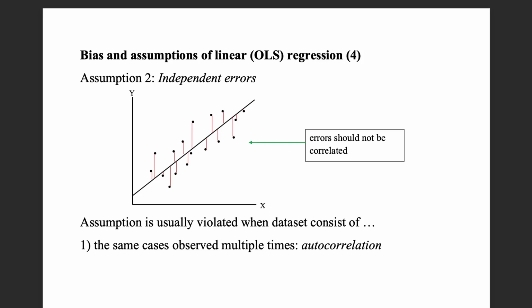That is often going to imply that whatever you find on your dependent variable in each specific time period is going to be somewhat related to previous time periods. Going back to the example of democracy in the Netherlands, probably the level of democracy in 1947 is going to be a little bit like the level of democracy in 1946, and much less probably like the level of democracy in 2020.